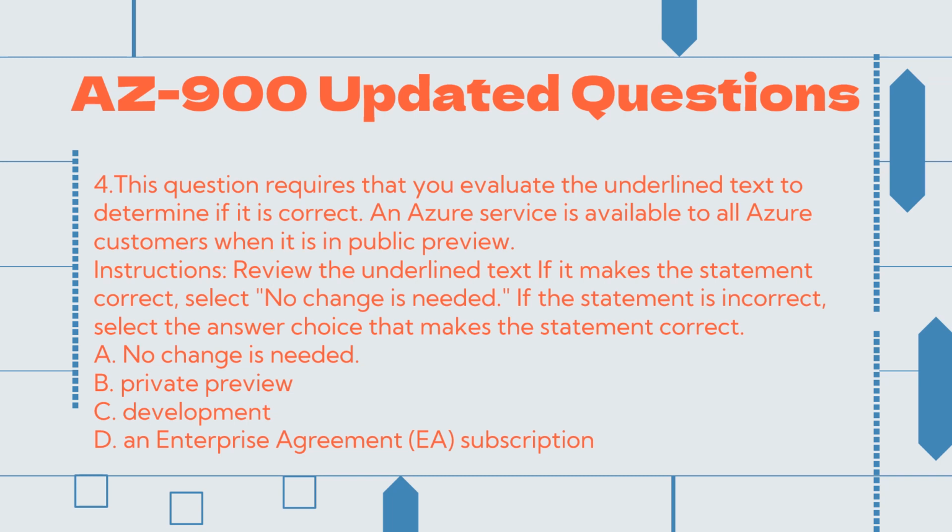If the statement is incorrect, select the answer choice that makes the statement correct. A. No change is needed. B. Private preview C. Development D. An Enterprise Agreement (EA) subscription.